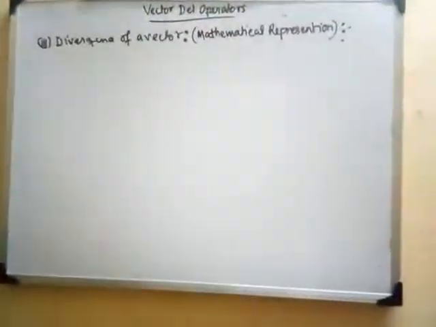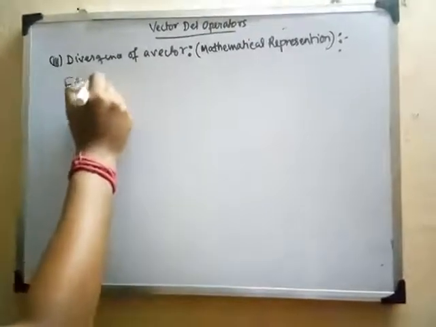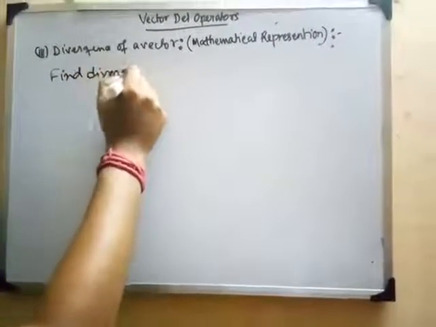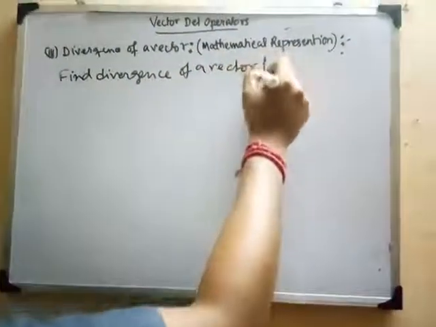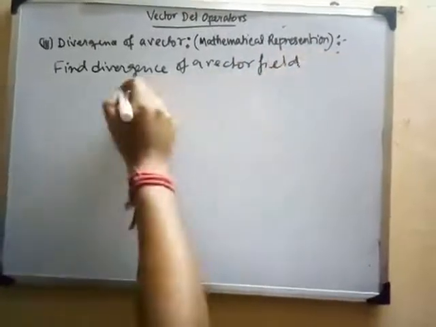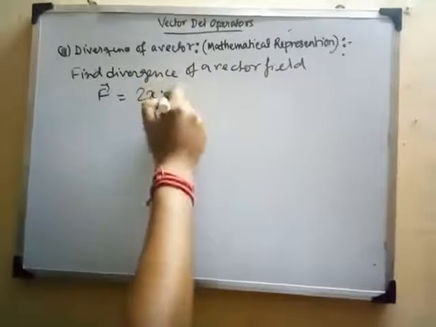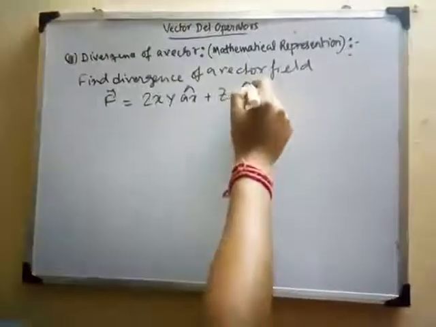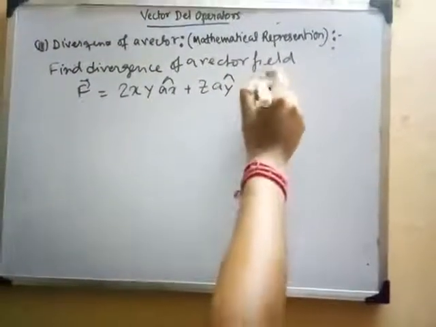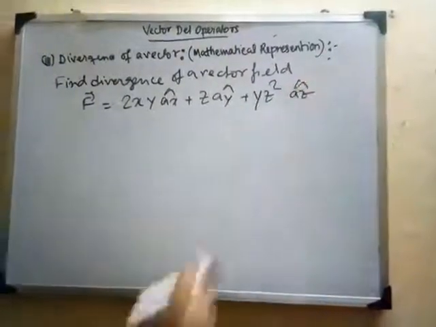I am just giving you an example; you need to practice other similar examples. The problem says: find the divergence of the vector field F equal to 2xy ax plus zy ay plus yz² az.